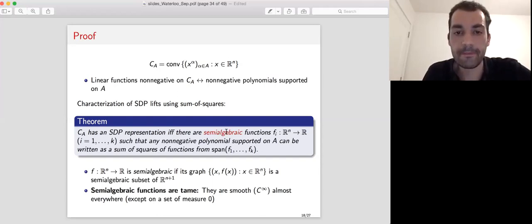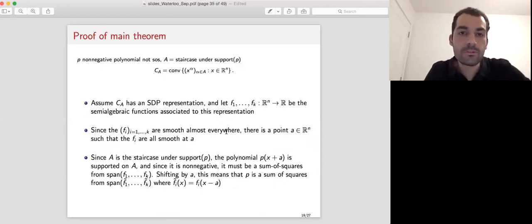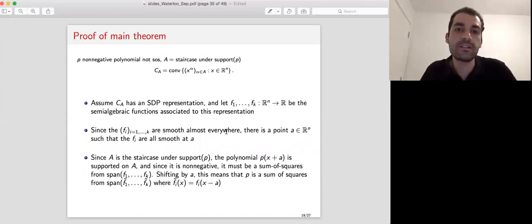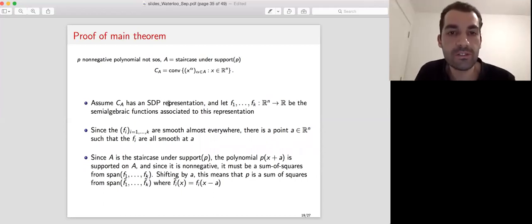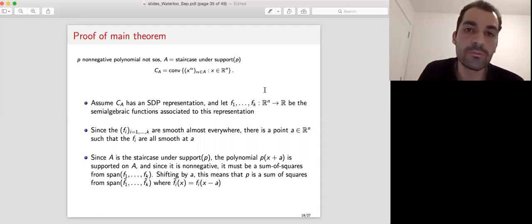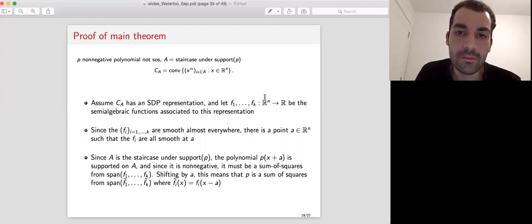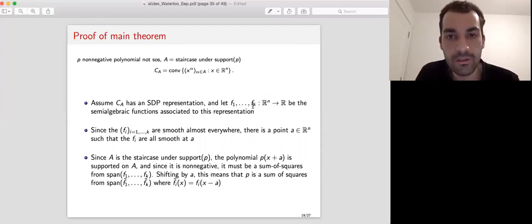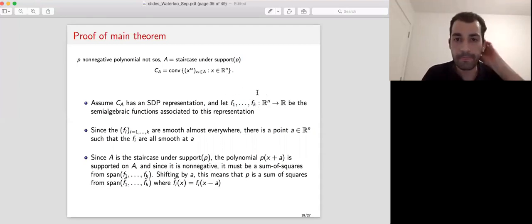So how does the proof go? Assume that my set CA actually has an SDP representation. So I have my f1 up to fk, the semi-algebraic functions associated with this representation. This means that any non-negative polynomial supported on A is a sum of squares from the span of these functions.